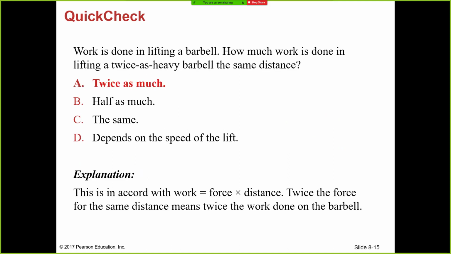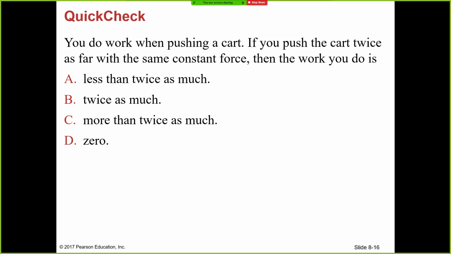Okay, let's look at this one. You do work when pushing a cart. If you push the cart twice as far with the same constant force. So here you're applying force F and you push it to distance D, so you do work W. Now in the second case, you apply the same force, but you push it twice as far.